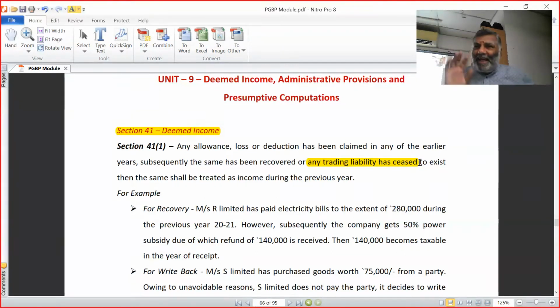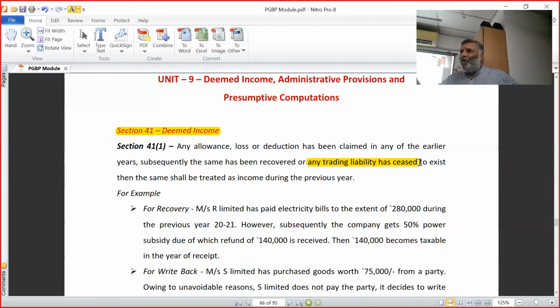Any trading liability. I purchased goods on credit. I am not paying my supplier. When I purchased, purchases account debit to creditor. So I have claimed it as expenditure. Now I am not paying it to the creditor. It should be treated as income.